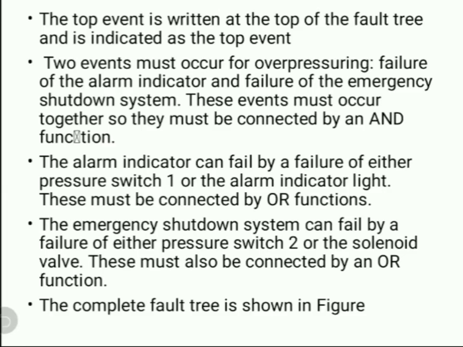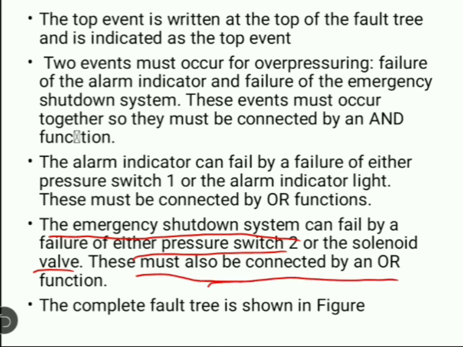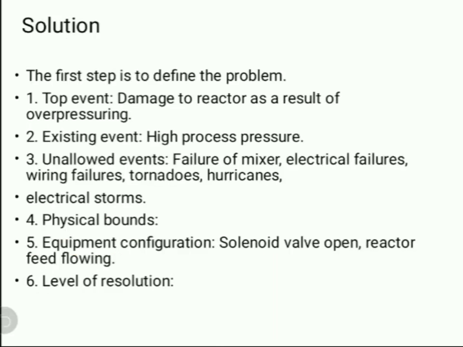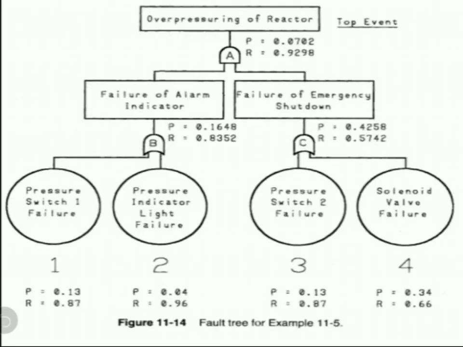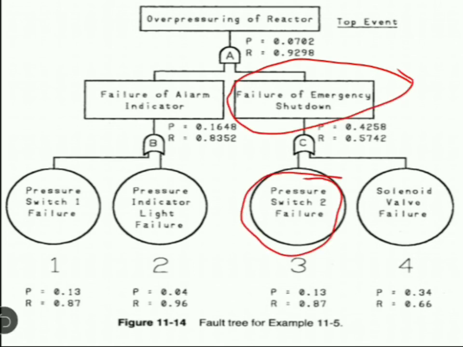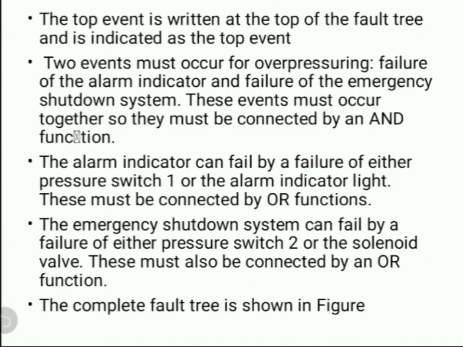Again, the emergency shutdown system can fail by failure of either pressure switch 2 or the solenoid valve. This must be connected by the OR function, with pressure switch 2 failure and solenoid valve failure as the two reasons.